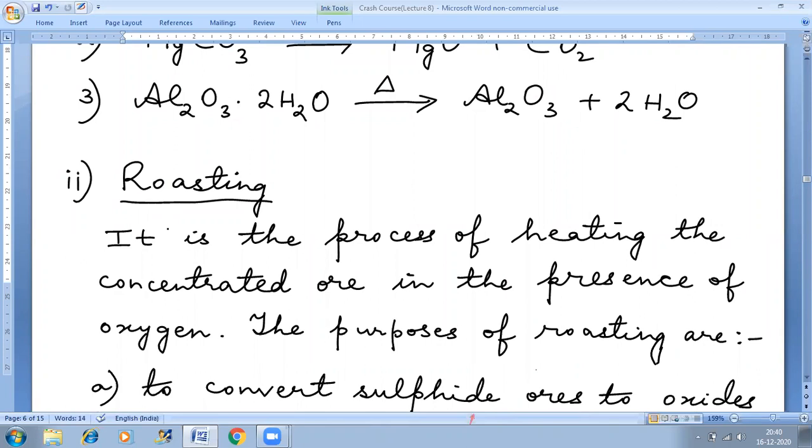When I say the presence of oxygen, that means oxygen is acting as one reactant in that reaction. Oxygen will react with the particular ore to give me oxide of the metal.